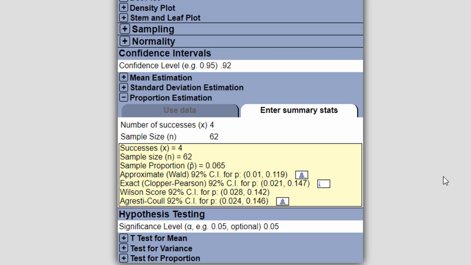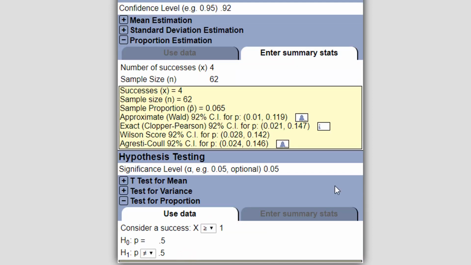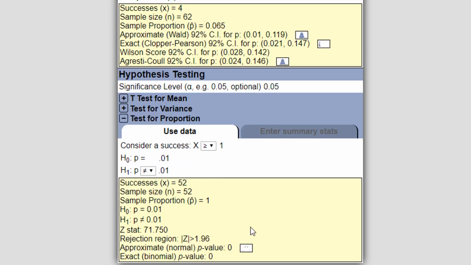Now let's look at testing the proportion. I'm going to expand the test for proportion. Let's say that in the wild, only 1% of adult sea turtles have a weight less than 20 kilograms. I'm building a hypothesis test, so I'm just going to set this up. Consider a success less than 20.